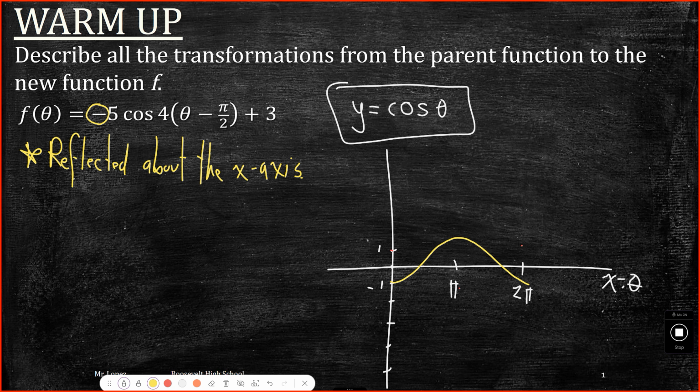Okay. The next transformation would be, how about 5? What is that gonna do? Anybody? What is it? No, it's not horizontal. It's vertical stretch. It's the amplitude.